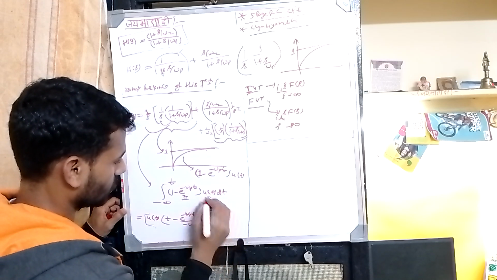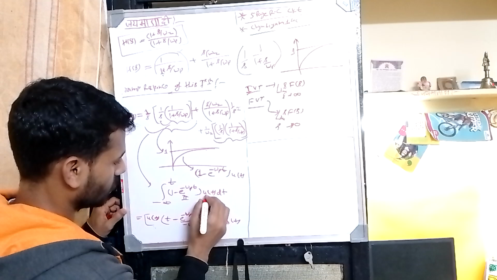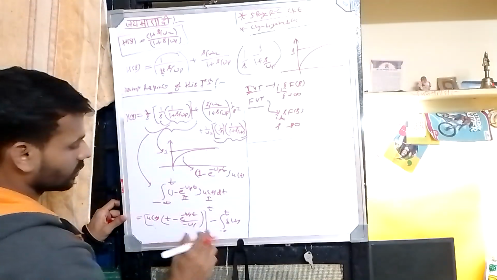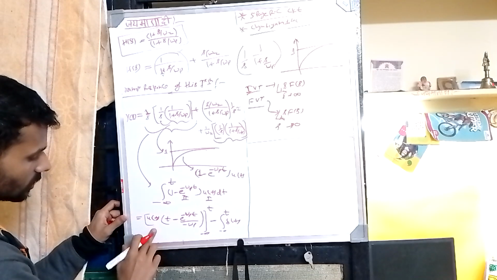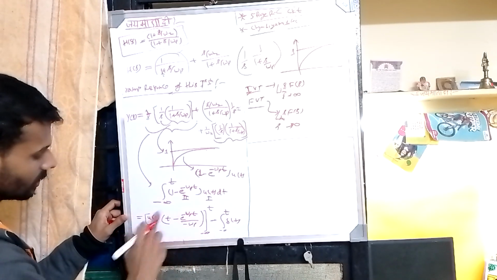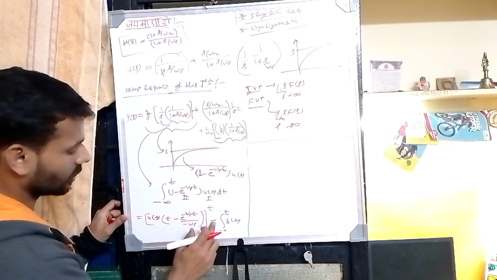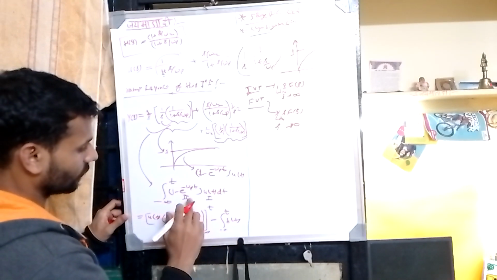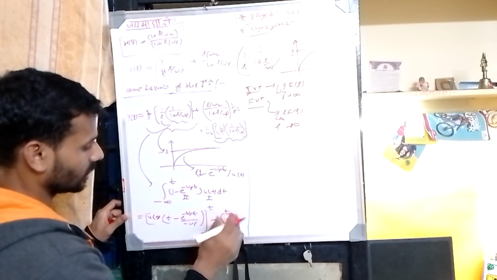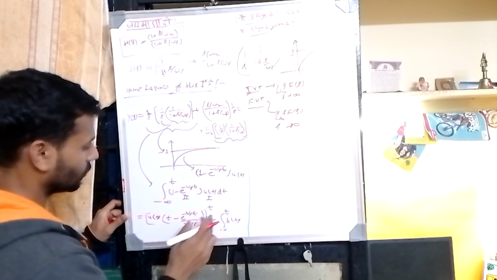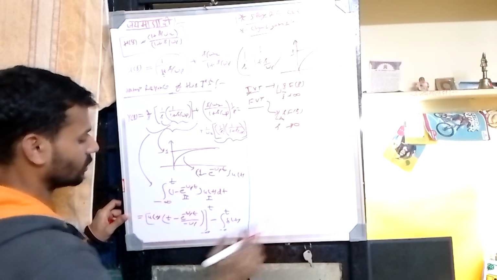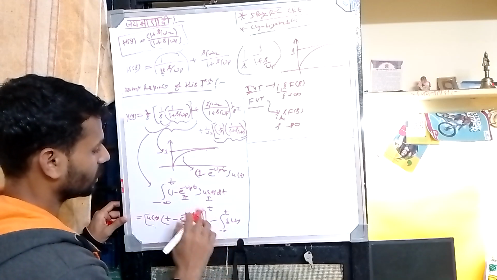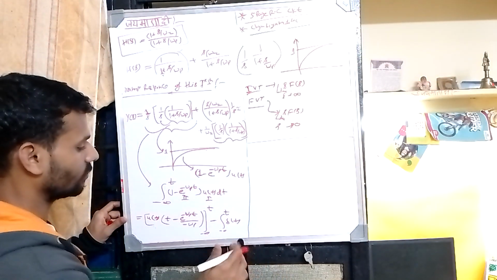First term differentiate and second term integrate, then put the limit at the end of the integration.